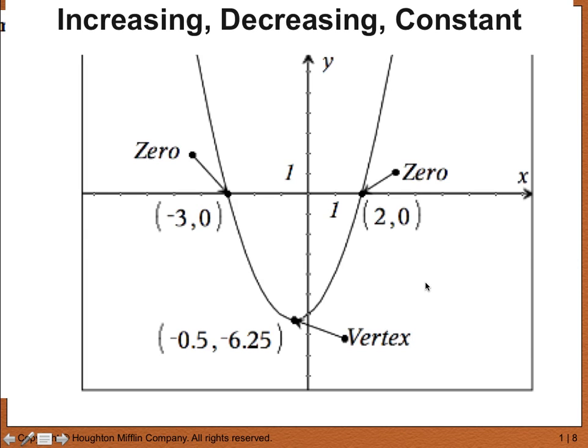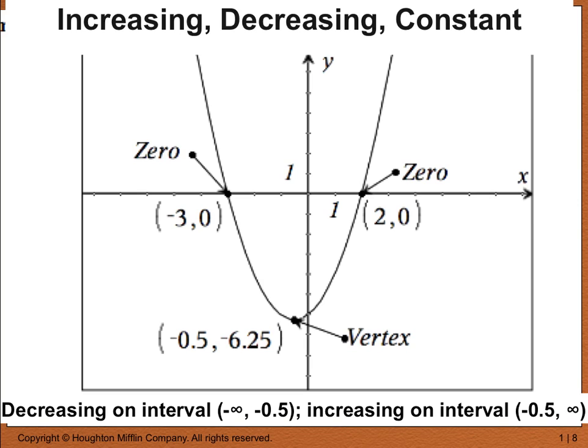Now, how do we write this? We write it this way. We would say that this quadratic function is decreasing on the interval from negative infinity to negative 0.5. Notice that the intervals are talking about x-coordinates.